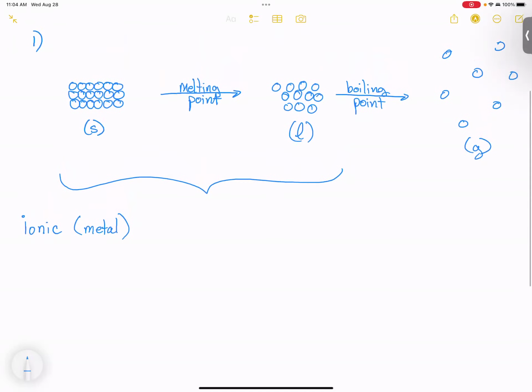Ionic compounds have ionic forces involved.